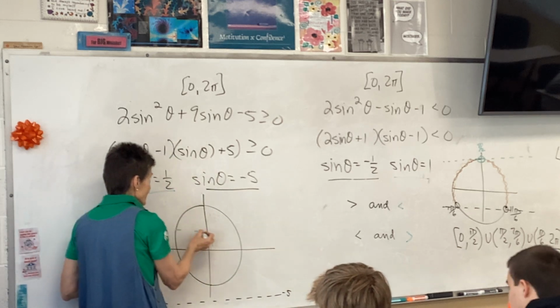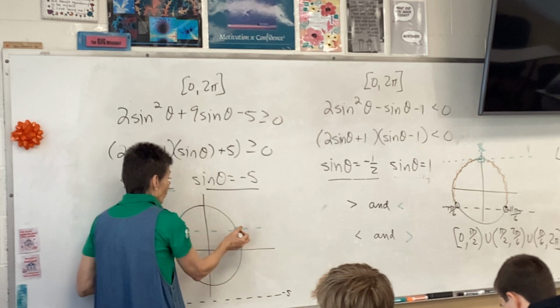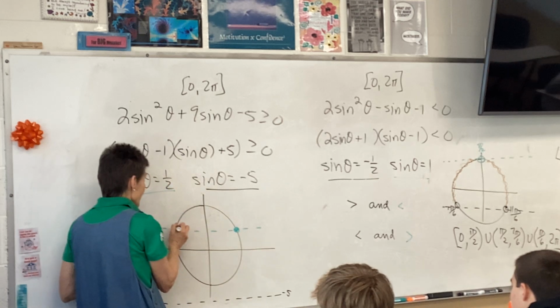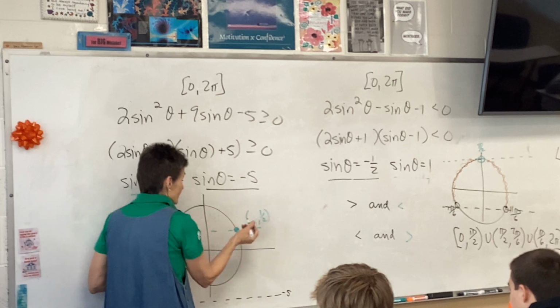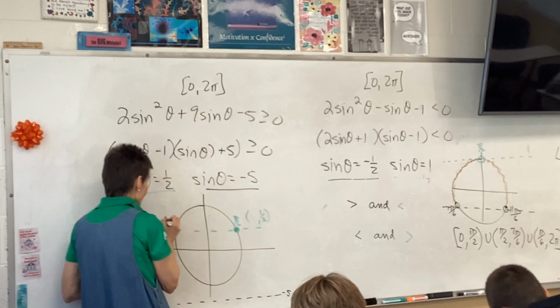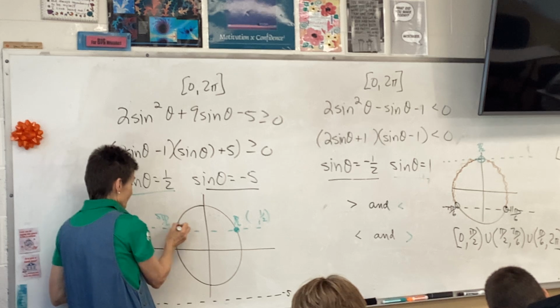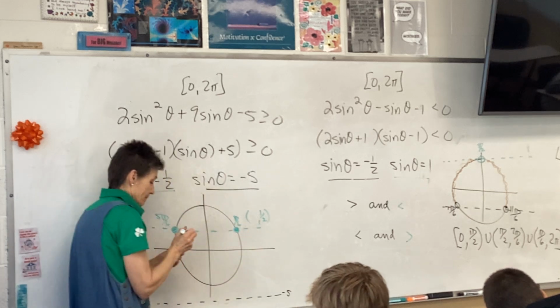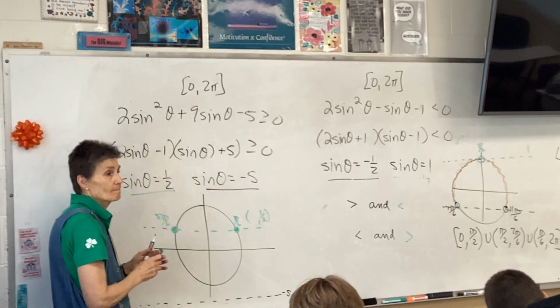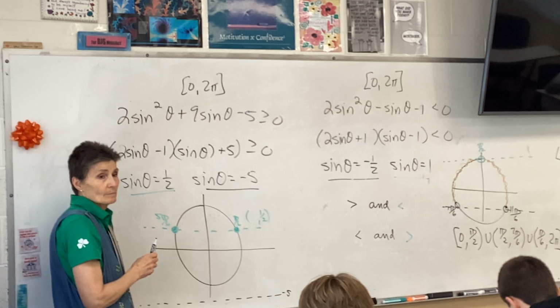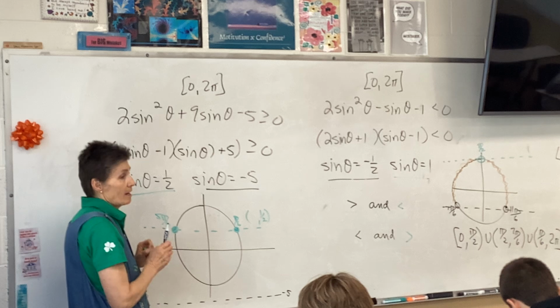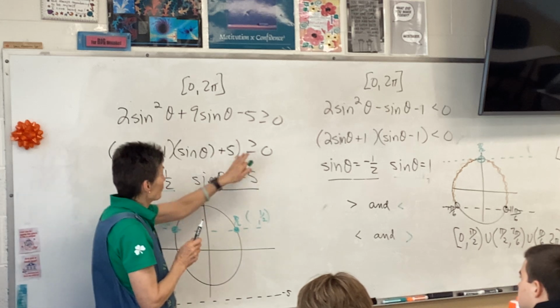Well, here's where the sine is 1/2. What are these angles where the sine is 1/2? That's pi/6, isn't it? And 5 pi/6. Now this time, we are greater than.